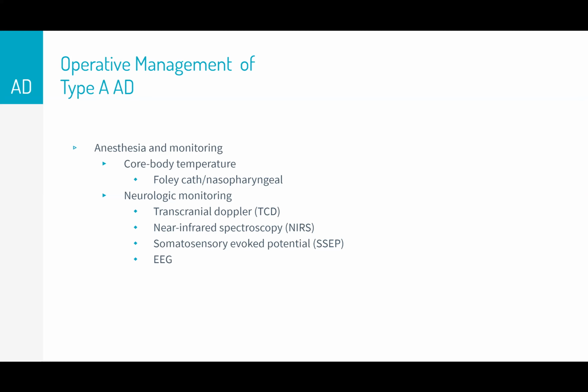Also, there is the near-infrared spectroscopy, which monitors the cerebral oxygenation, and it is good to identify regional changes in oxygenation during the operation. It is useful during normothermic periods, because during a hypothermic period, the vasculature, I think, will be constricted, and there will be no blood to be detected with this sensor.